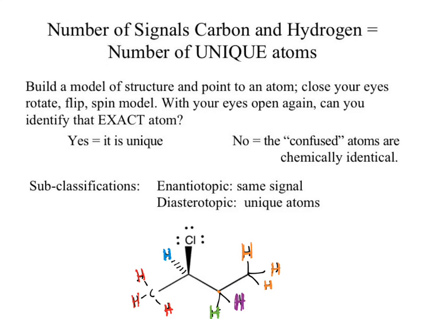They're on different sides, right? One's coming at you, one's going on the side. Doesn't matter if it's on a different side. One's on the side of the chlorine, the other one's on the side of the hydrogen. That means they see something very slightly different. If that difference is enough, their chemical shift becomes different. And what we end up seeing is instead of 4 signals, we see 5 signals.